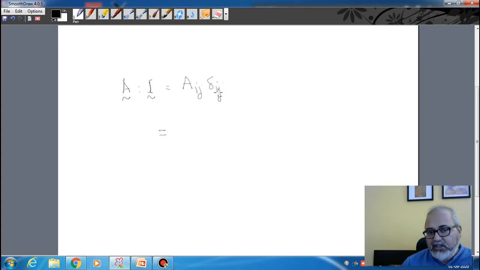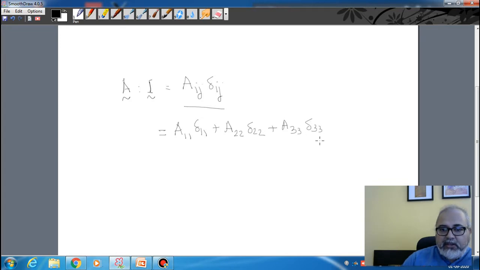Out of those 9 terms, because delta ij is going to be 0 most of the time, the ones that will survive are A11 delta 11 plus A22 delta 22 and A33 delta 33. Nothing else will survive. A12 delta 12 will be 0 because delta 12 is 0. In these cases, delta 11 is 1, delta 22 is 1, and delta 33 is 1.